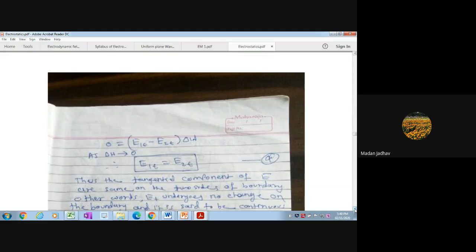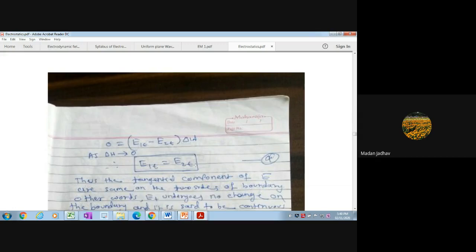Okay, now this is the first equation of the electric boundary condition, that is E1t is equal to E2t. Now what is the physical significance of this particular equation?